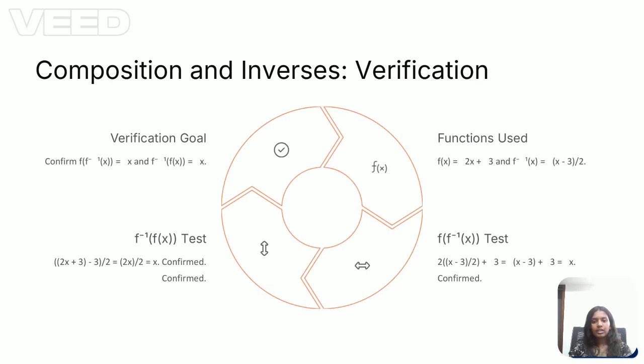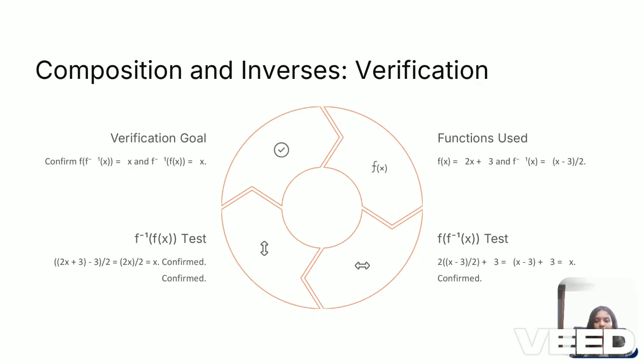Now, composition and inverse verification. The verification goal is that we confirm f inverse of f of x is equal to x, and f of f inverse of x is equal to x. The functions used are f(x) is equal to 2x plus 3 and f inverse of x is equal to (x minus 3) by 2.